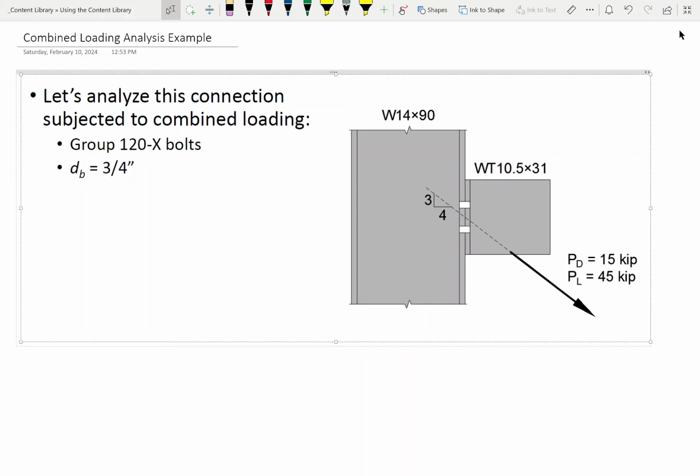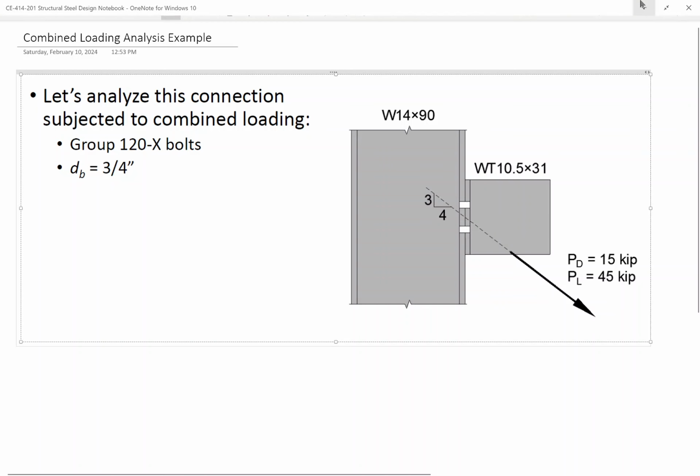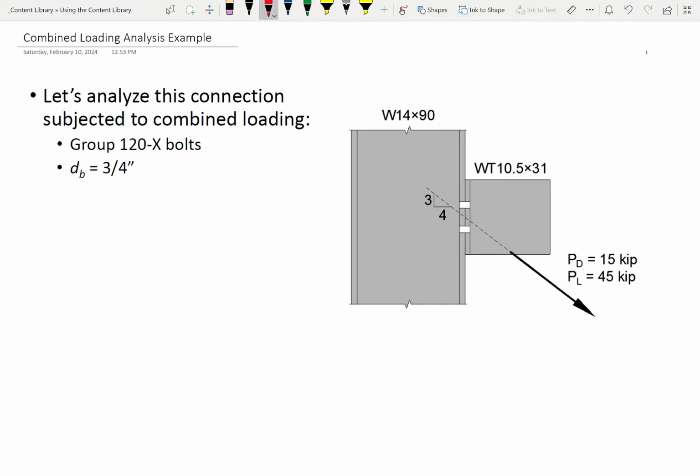I've got Group 120X bolts, and we have a 3/4 inch diameter bolt in this bolt group. The first thing I'll point out before we move on: how many bolts are present in this bolt group? 4.